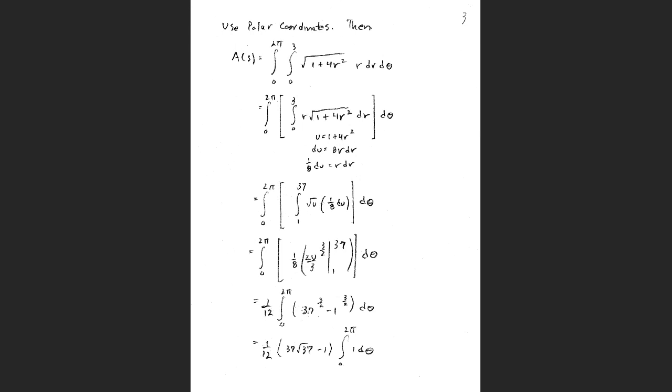We're going to use polar coordinates. So therefore, this is going to be the surface area formula with respect to polar coordinates. And we know that the region D was a circle centered at the origin with radius 3. So r goes from 0 to 3, and theta goes from 0 to 2 pi.